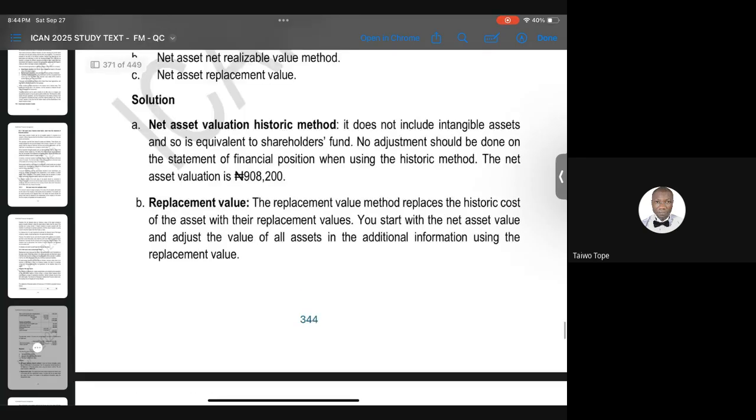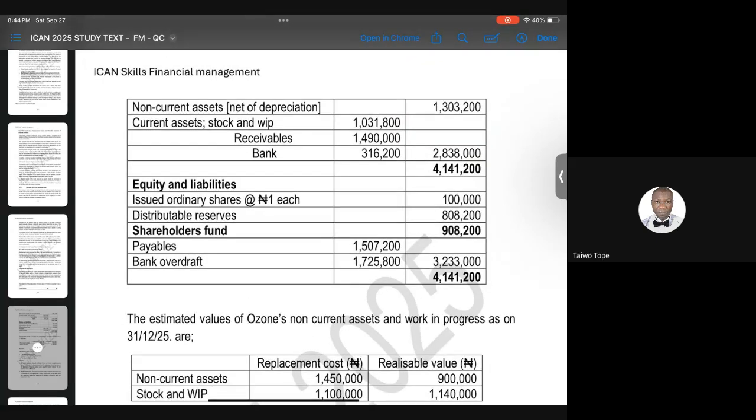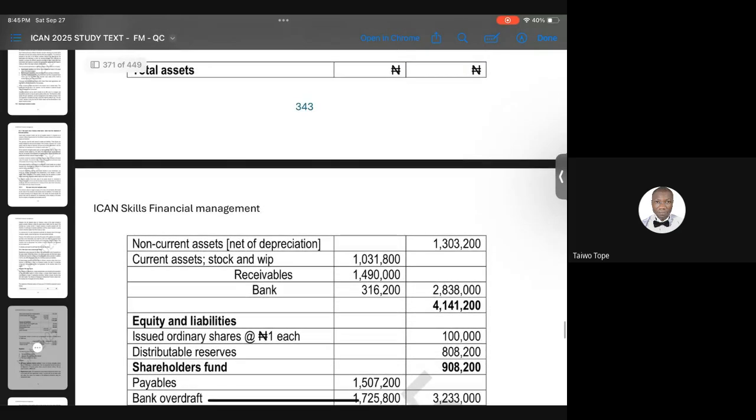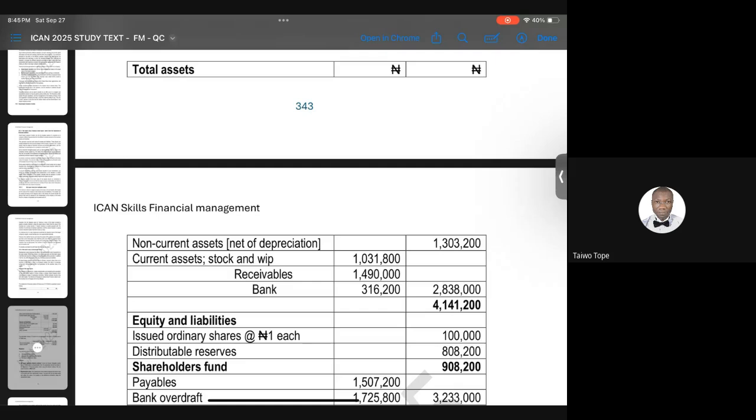Looking at this question, using the historic approach, the book value approach, the value of this business is 908,200, because all these issues of replacement cost and net realizable value of non-current assets do not affect it.